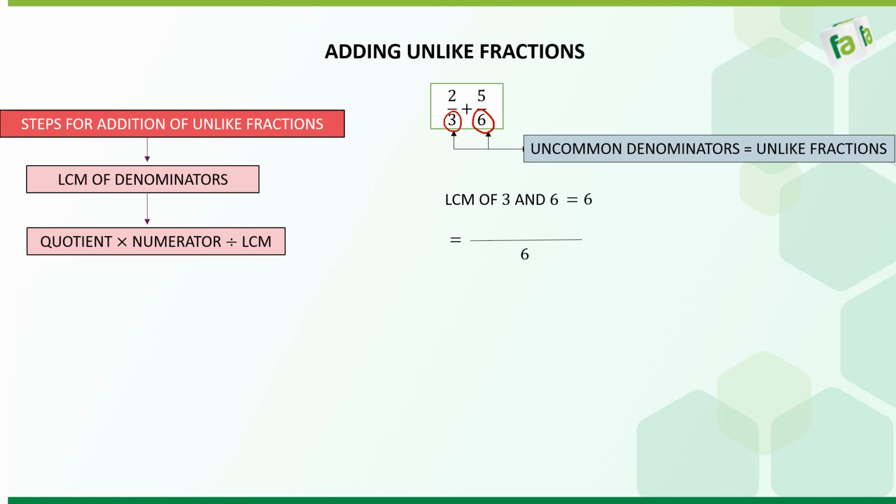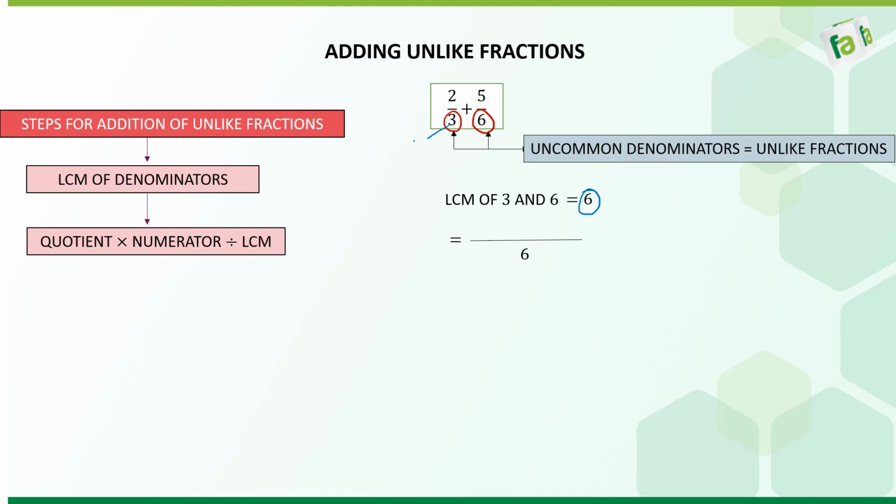Observe the fraction 2 by 3. What is the denominator here? Yes, it is 3. And what is our LCM? It is 6. So, our second step will be to divide 6 by 3.